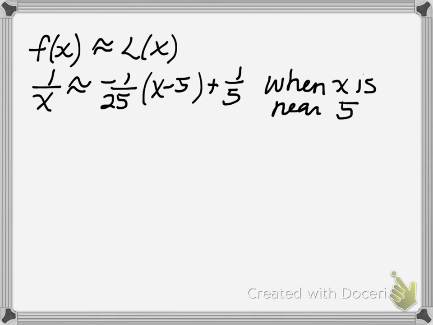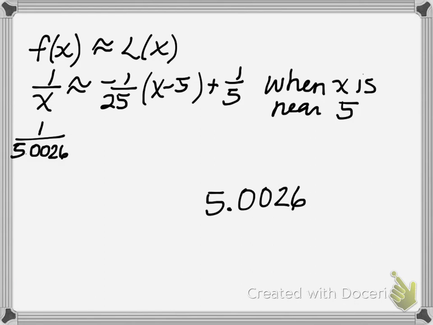So, because we are looking at the value 5.0026, and that indeed is near 5, then we can estimate 1 divided by 5.0026 using this tangent line. So we're basically just substituting 5.0026 in for x.